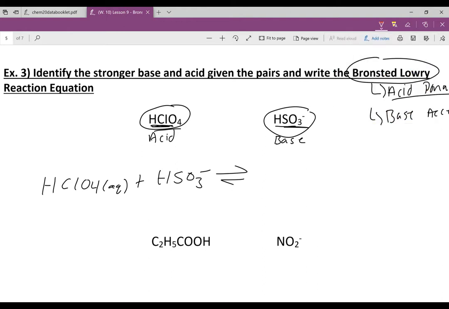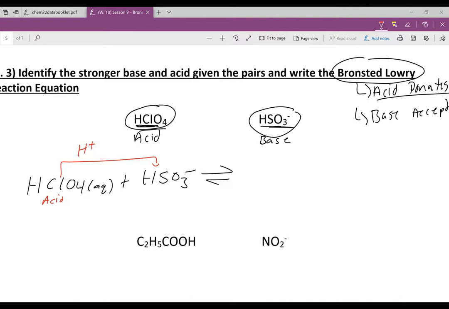So that means my acid here is going to donate its proton, which is H+, and over here, we're going to add on an H. So this will become H2SO3, and recognize that this negative charge is going to get canceled out because it's adding a positive charge, okay?